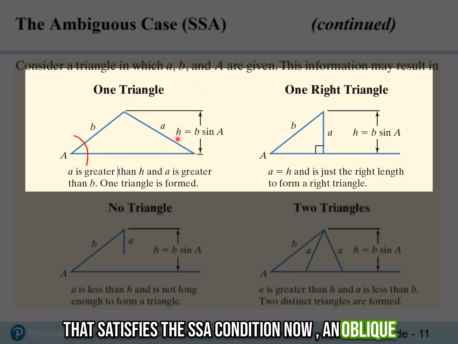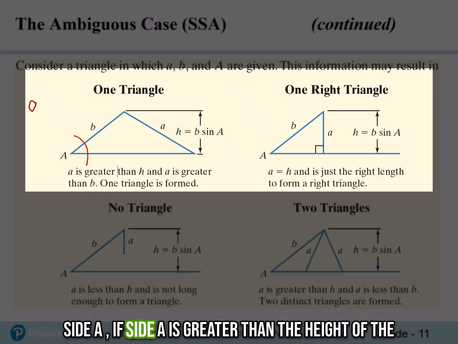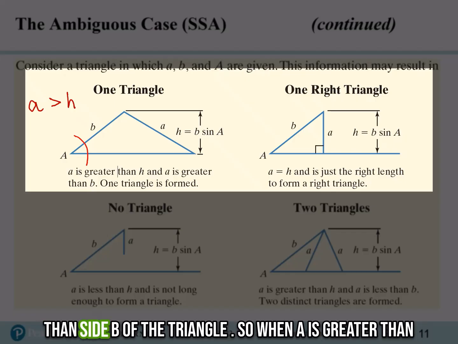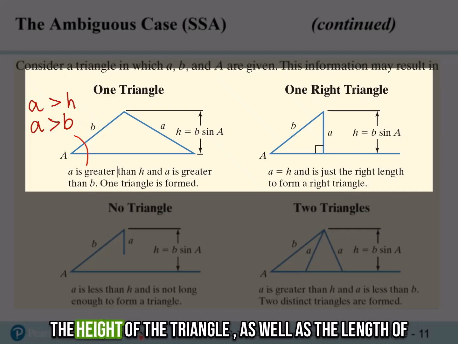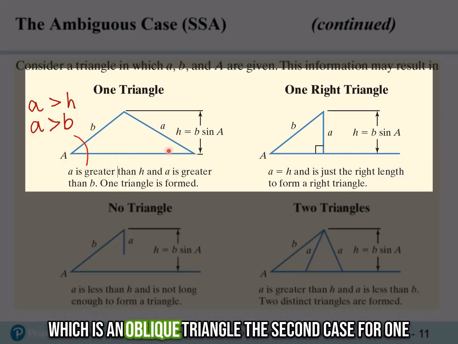Now, an oblique triangle will happen if one of the sides, so let's take side A, if side A is greater than the height of the triangle, denoted by the letter H, and A is also greater than side B of the triangle. So when A is greater than the height of the triangle as well as the length of side B, then it's a situation where we get one triangle, which is an oblique triangle.